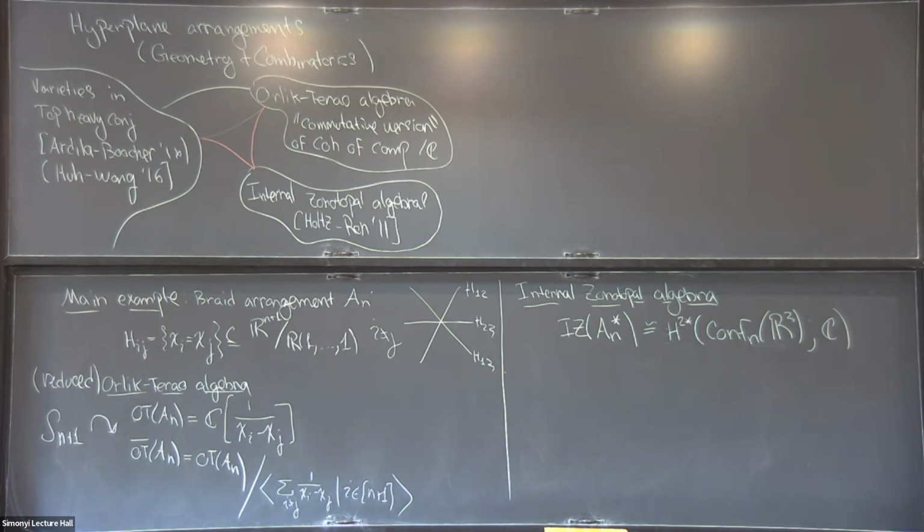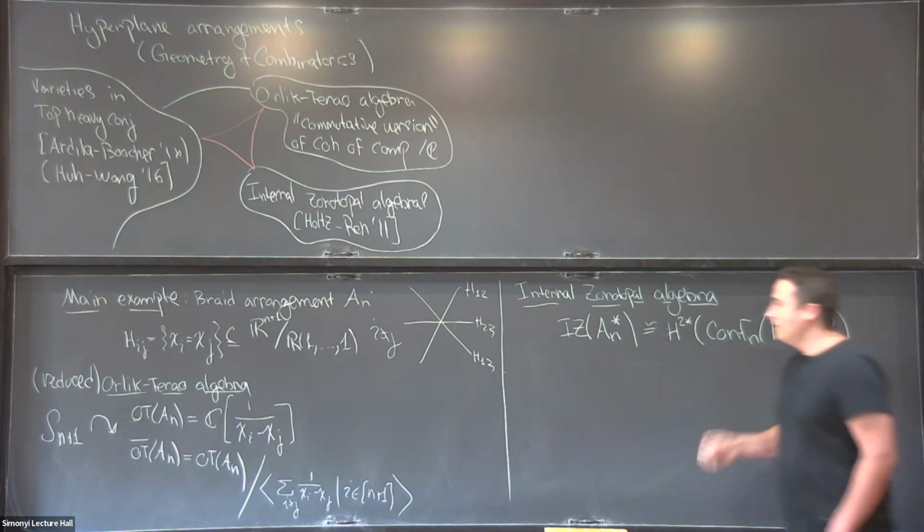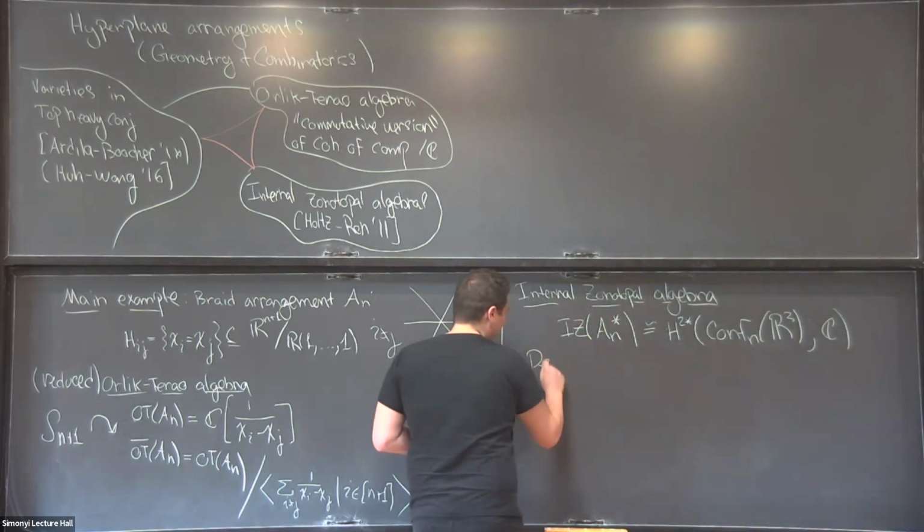This cohomology ring has an S_n action by permuting these labels.